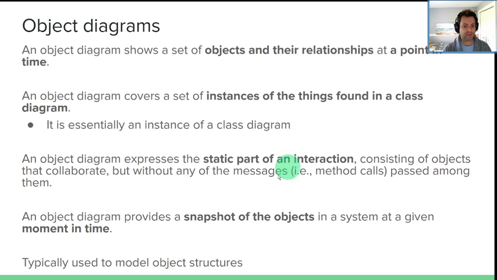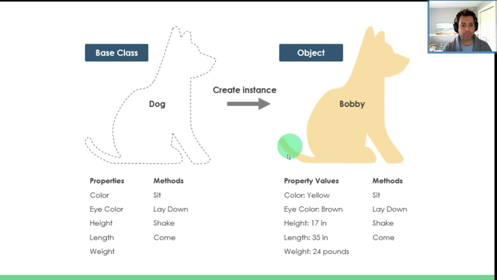So again, this is a static diagram. We don't have dynamic behaviors yet, but I think this is my favorite example of how to visualize this kind of thing. So on the left here is our class diagram. So you have your dog, nice little cutout. You instantiate it, it's an object diagram. So you're basically just filling in the blanks.